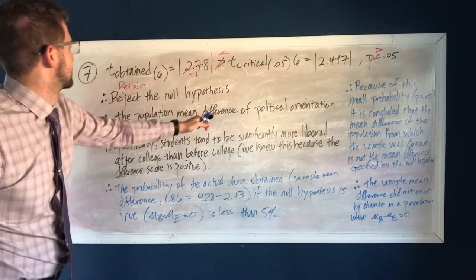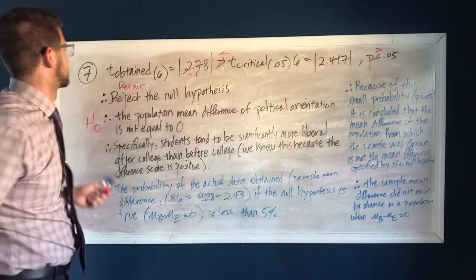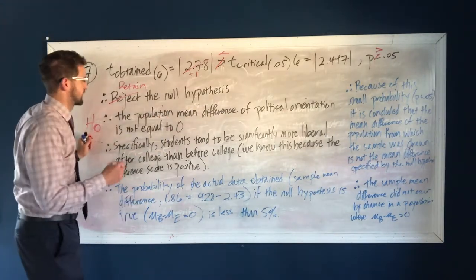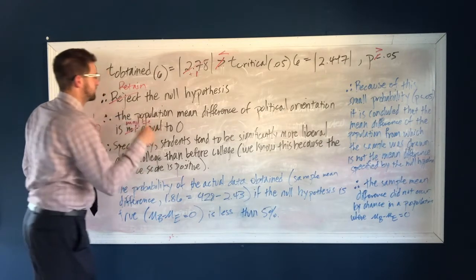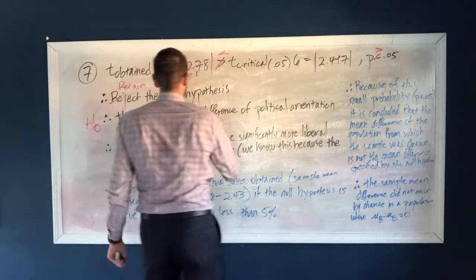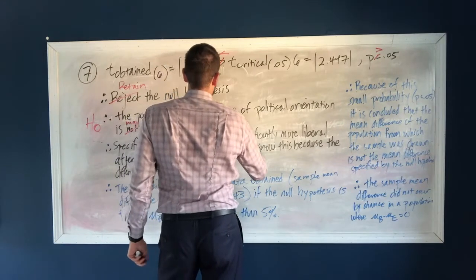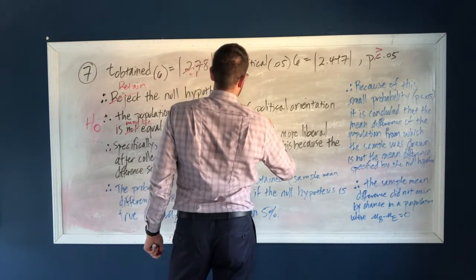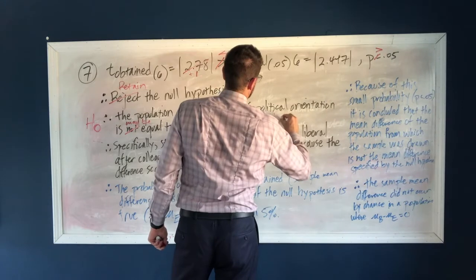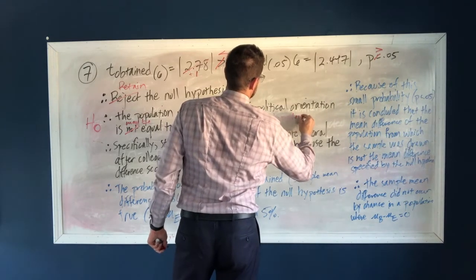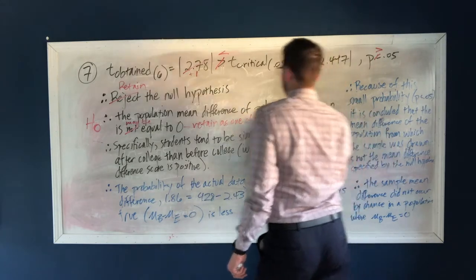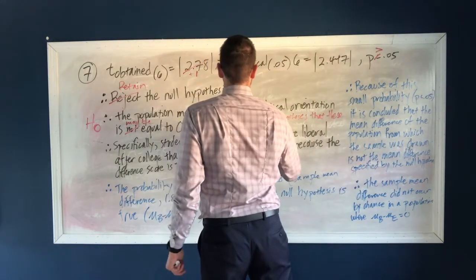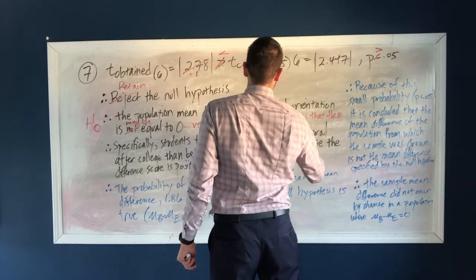The population mean difference of political orientation may be equal to 0, retained as one of many hypotheses that these data support.